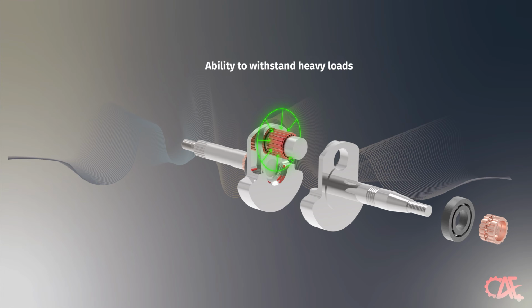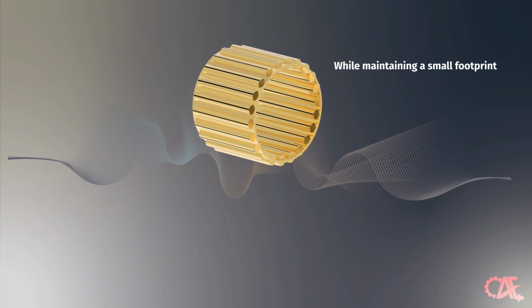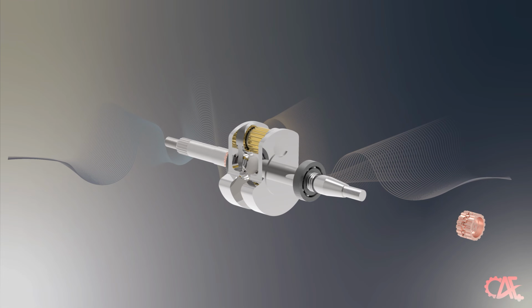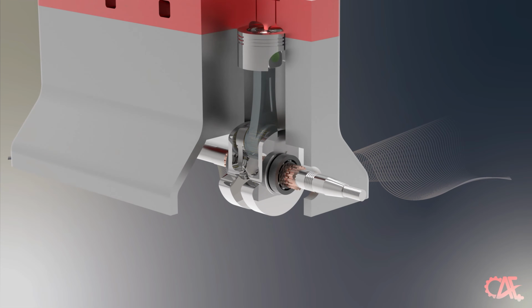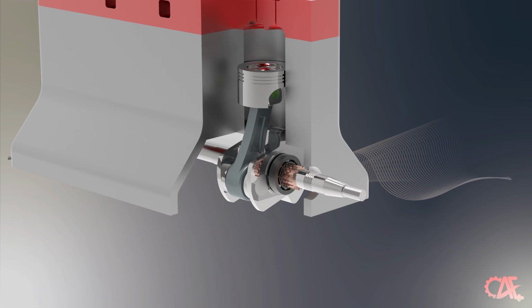Despite their smaller size, these bearings can endure heavy loads, an essential feature in the high-pressure environment of an engine. This ability to withstand heavy loads while maintaining a small footprint is crucial in machinery, where miniaturization, lightweight construction, and precision are prioritized. Moreover, their decreased rotating radius results in reduced rotational torque for the same friction force.